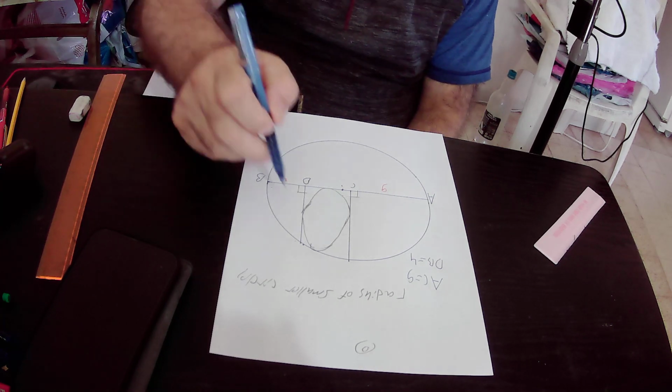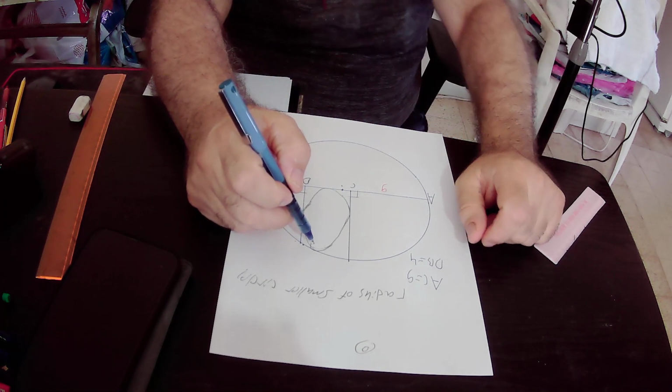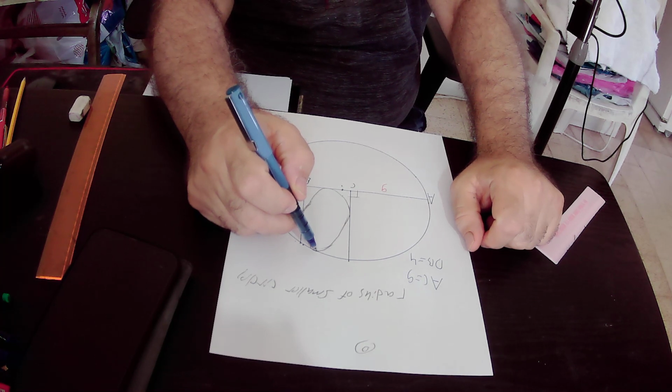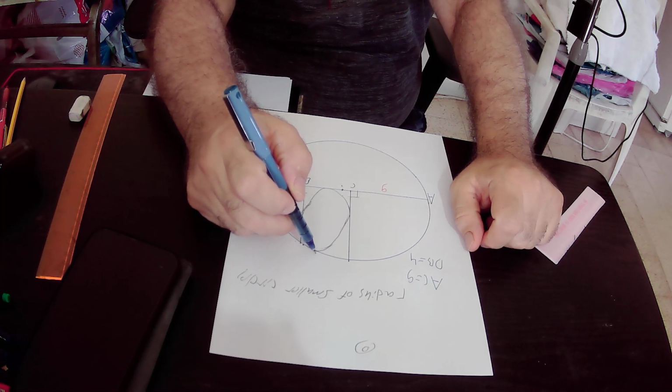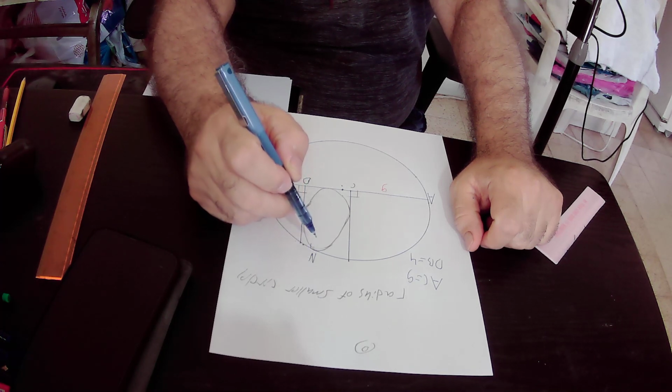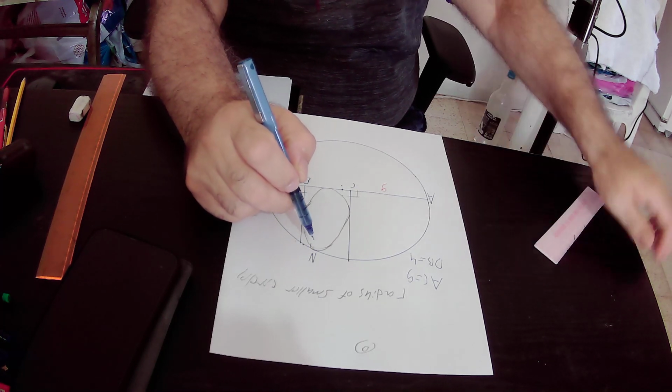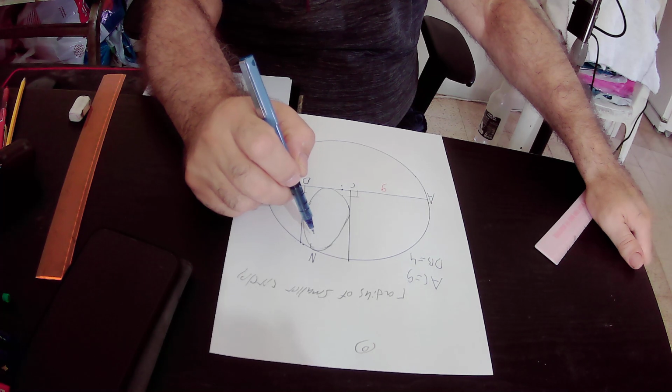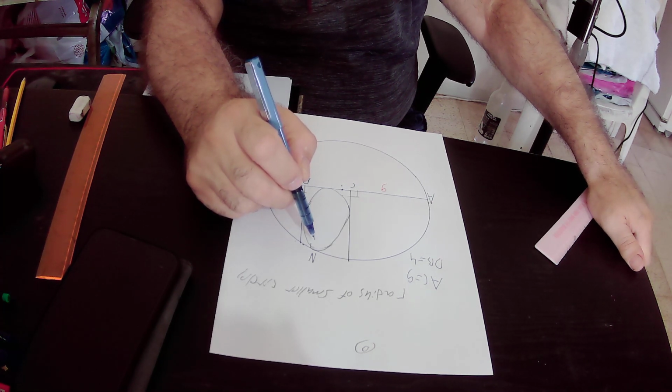Let's define this point as point N. Point N is the point of contact between the small circle and the bigger circle.